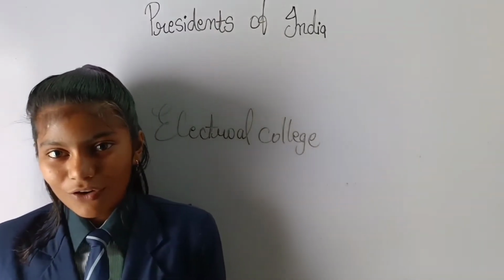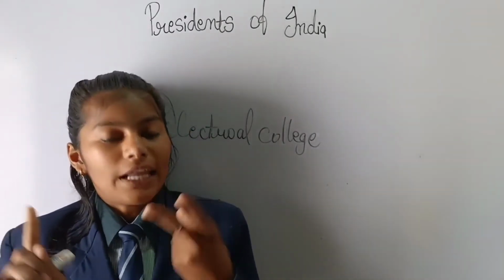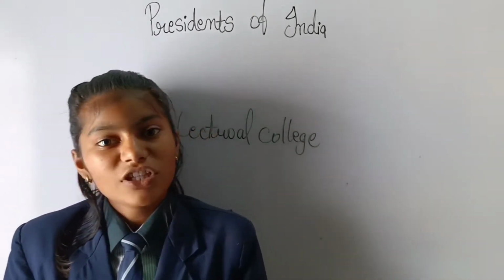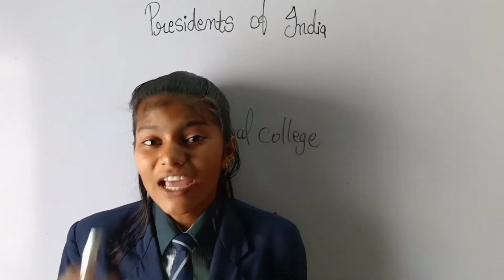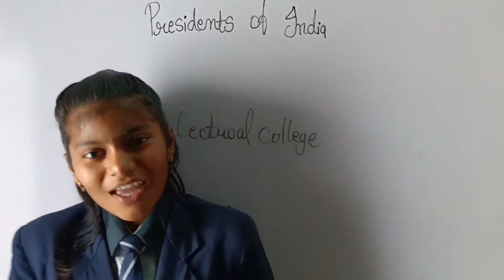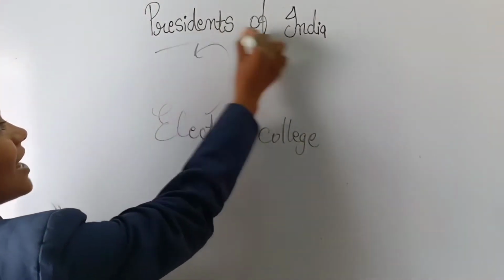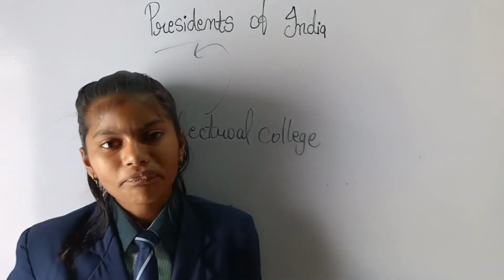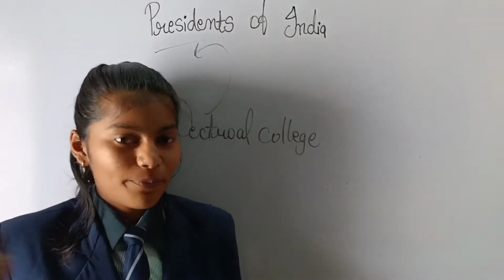Let's recap all of these. The first is elected members of parliament, second elected members of legislative assemblies of states, third the elected members of the legislative assemblies of Delhi and Puducherry. These form the electoral college which directly elects our favorite presidents. Okay, this is about the election part of the president.